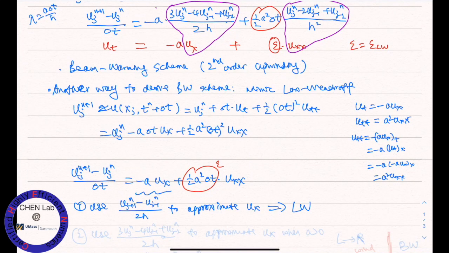Now we just showed above, if you use (3u_j^n minus 4u_{j-1}^n plus u_{j-2}^n) divided by 2h to approximate u_x when a is larger than 0.